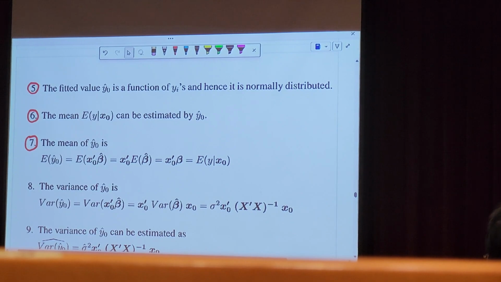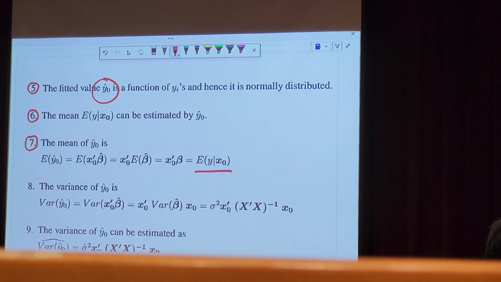The mean of y naught hat is the expected value of these two vectors. So you can take x naught out and take expectation of beta hat, which is this. This is our estimator, so we are going to use this to estimate the mean. And of course, we want our estimator to have the same mean as the mean response. So that is proved in item 7.